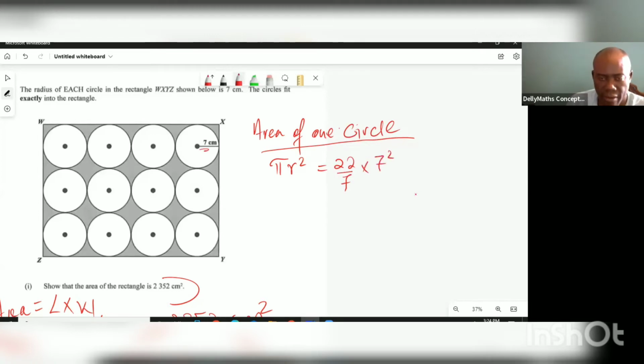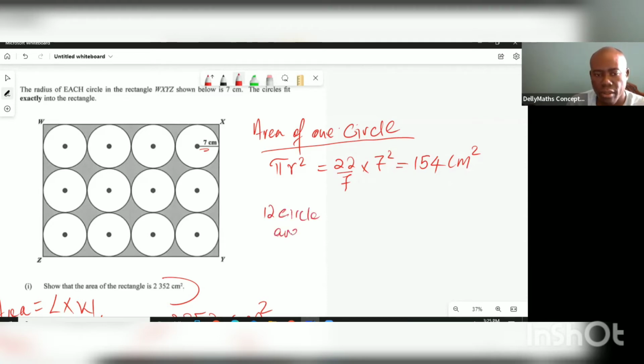We put this together, we'll definitely get 154 centimeters squared. So that's the area for one circle. However, we have 12 of those circles. So 12 circles.